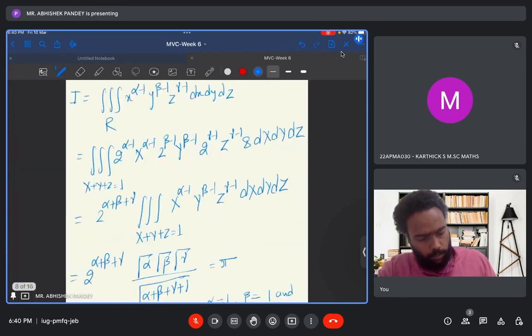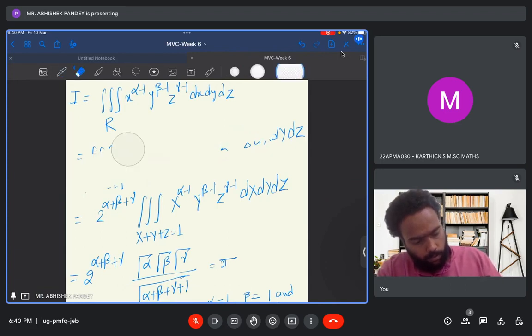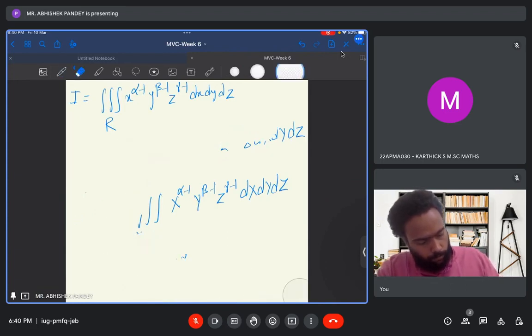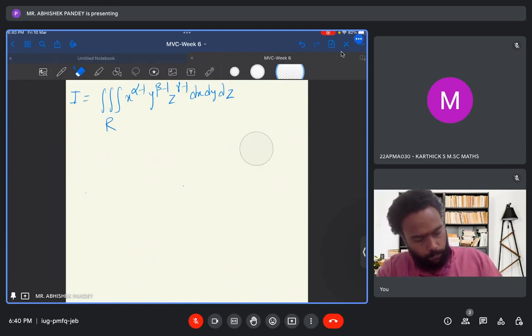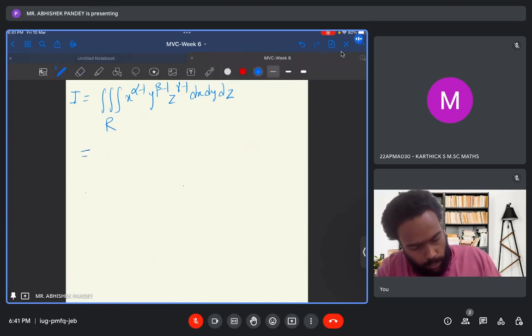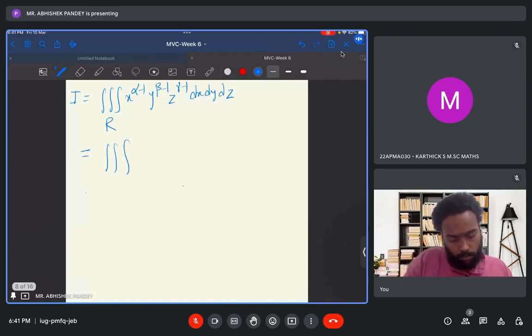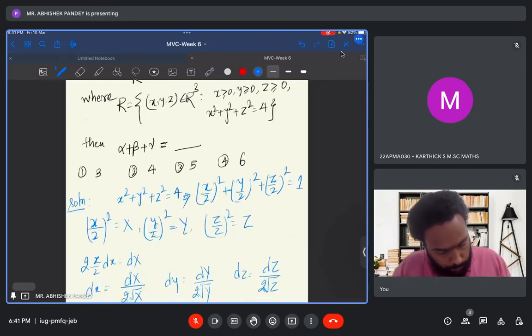So here it will come, all these things we will get. So here I is now x to the power alpha minus 1. So here x is nothing but 4 into root over x.